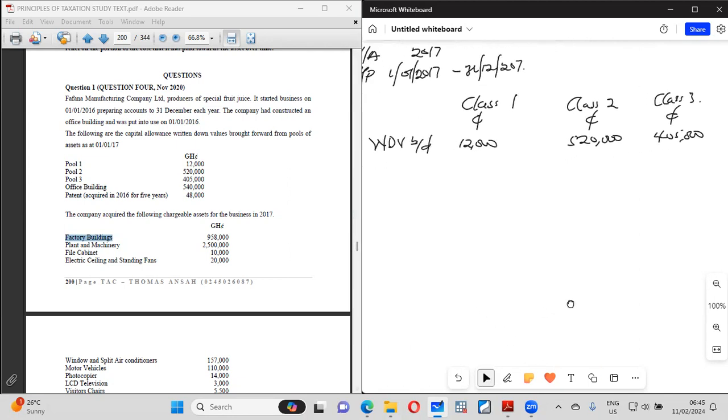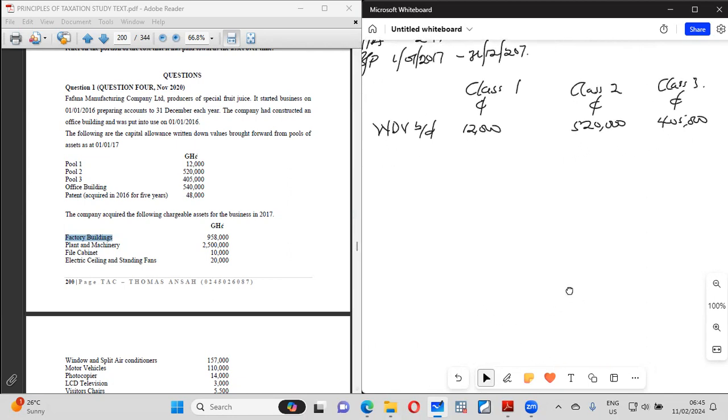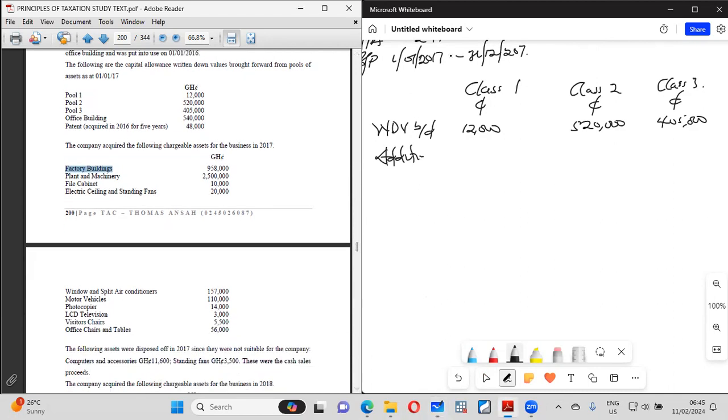Let's do our class 1 to 3 and be very, very fast. In the same year, they added, they bought, so you do your addition. So let's do these ones. All right, let's look into the addition. Immediately you see this, your job is to first do the classification. We know that this one is 4, right? And you also know that plant and machinery.